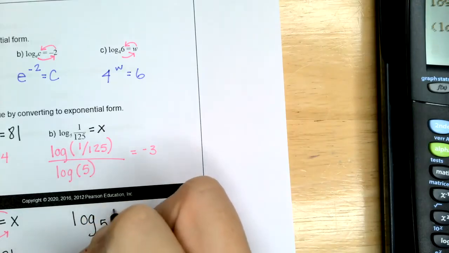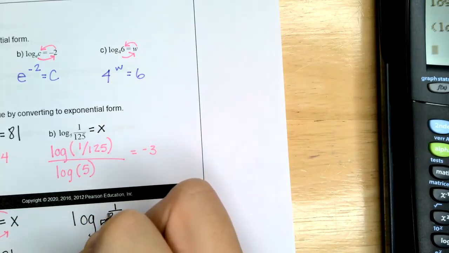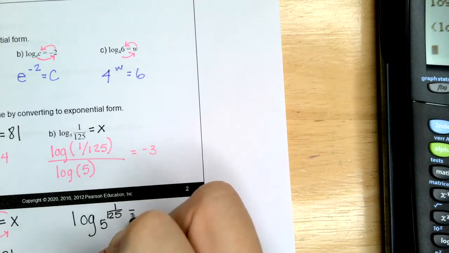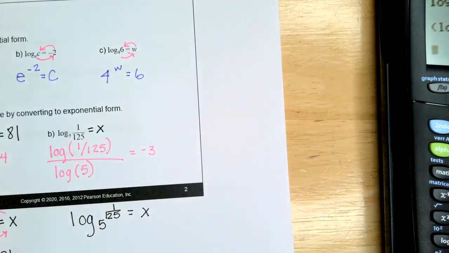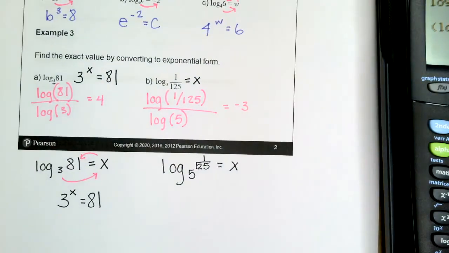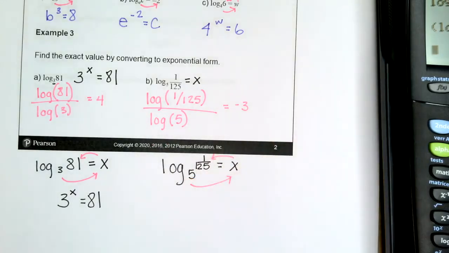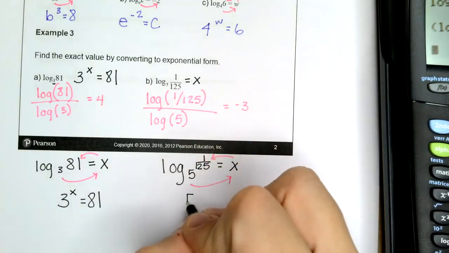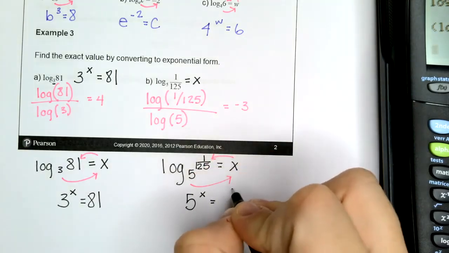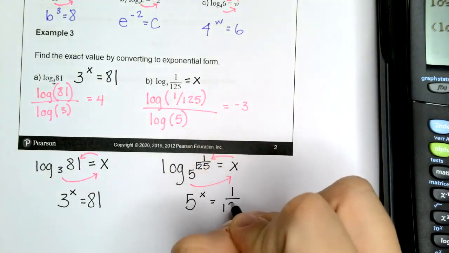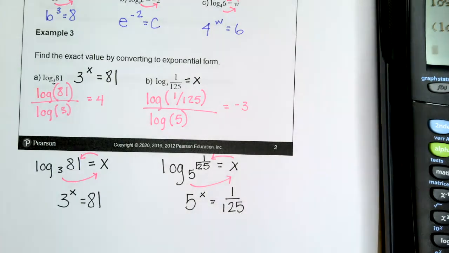Log base 5 of 1/125 equals x. So that becomes 5 to the power of x equals 1/125.